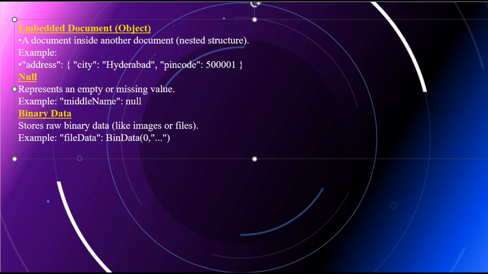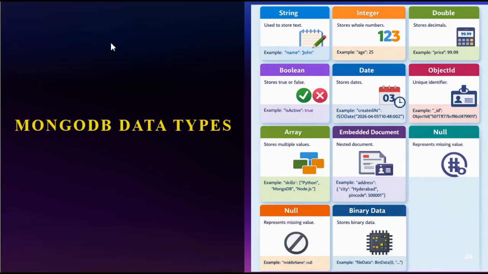These are all the data types in MongoDB. The common data types are string, integer, double, boolean, date and object ID, array, embedded document, null and binary data. MongoDB automatically assigns the right data type when we insert values.